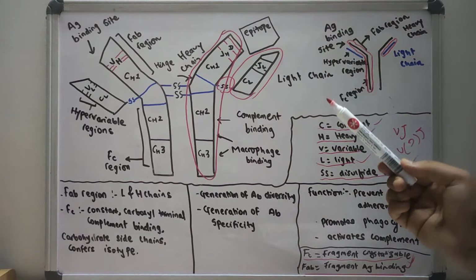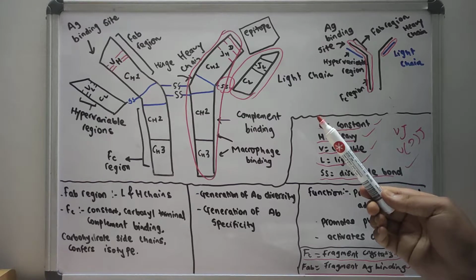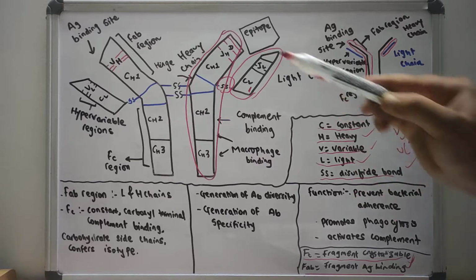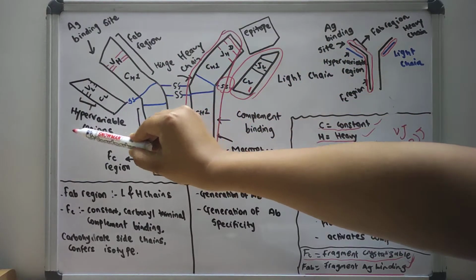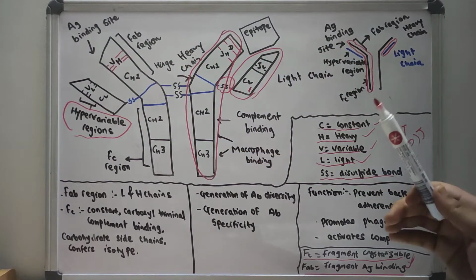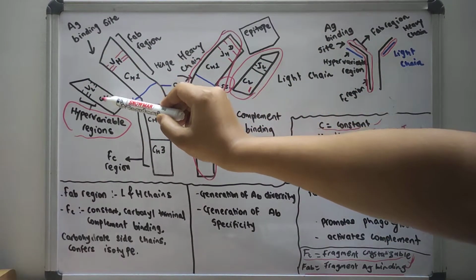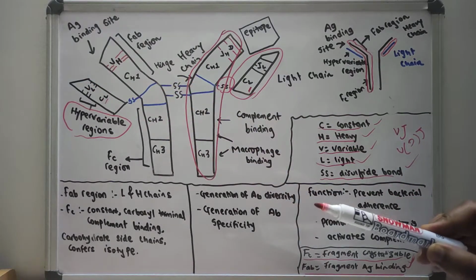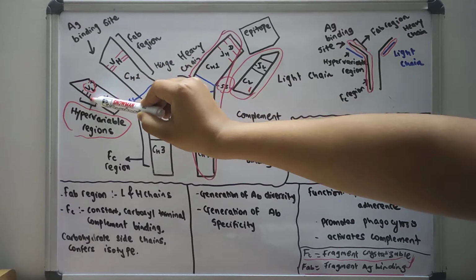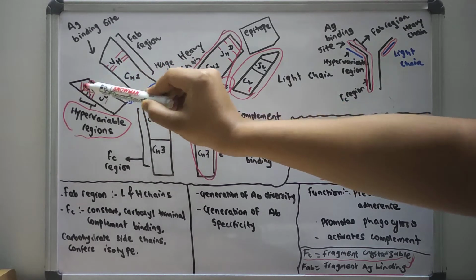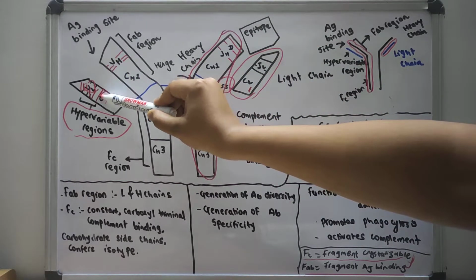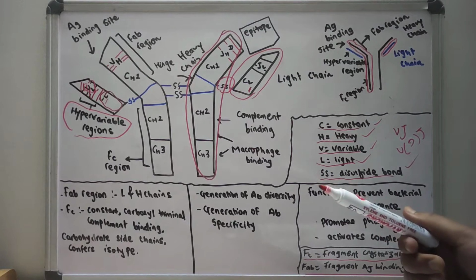The light chain has two regions: VL, the hypervariable region of the light chain, and CL, the constant region of the light chain.